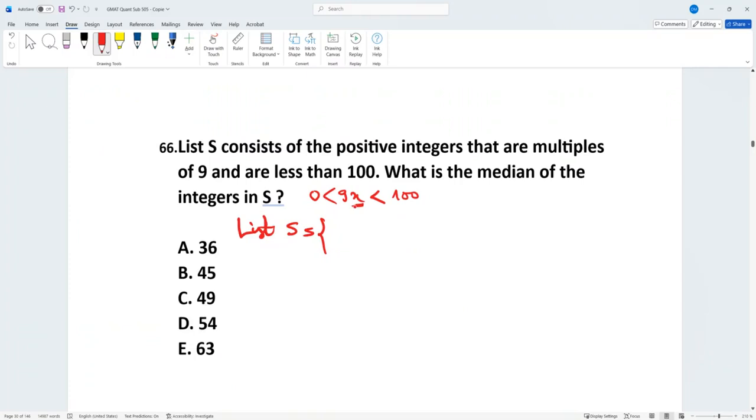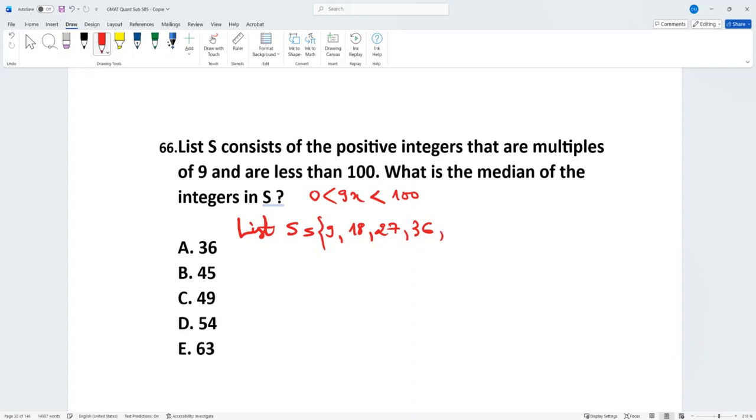So the numbers that need to be part of the list need to respect this condition here. So how do we go about it? We can simply say that if x is equal to 1, then here we'll have 9. If it's equal to 2, you have 18, and so on and so forth. So that's how we are going to find these values.